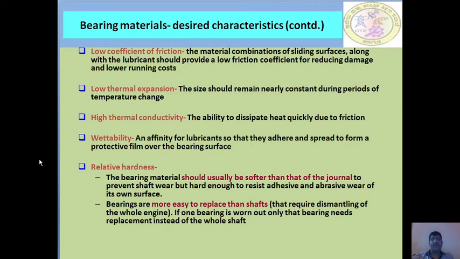Hence, if one bearing is worn out, only that bearing needs to be replaced instead of the whole shaft. If you want to replace the shaft, you need to disassemble the whole system, which requires dismantling the whole engine. Hence, the relative hardness of the bearing should be less compared to the shaft.